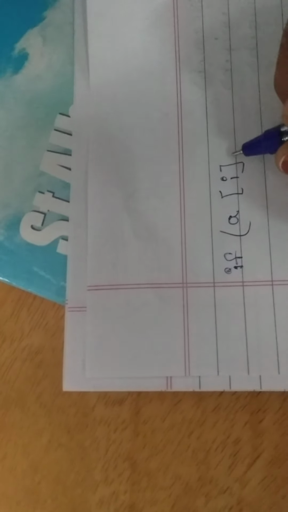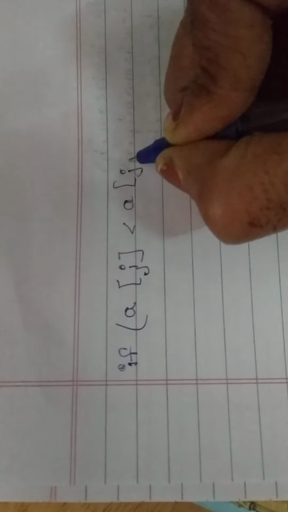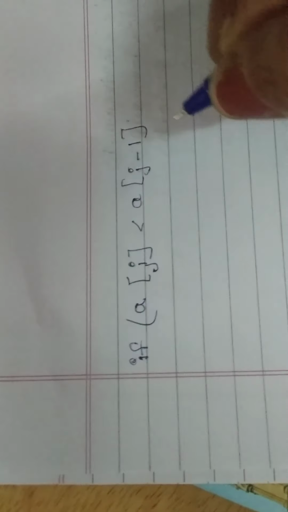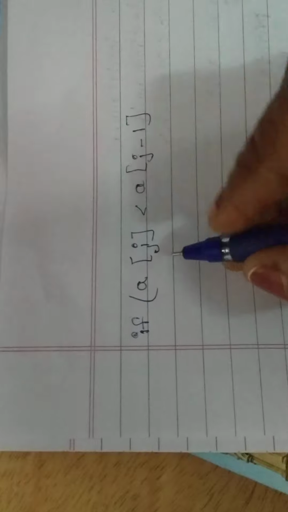How are we comparing? A of j. In the first lab program we searched if a of j is less than a of j minus 1. Previously in the example I told you first position and second position; the second position is compared with the first position.